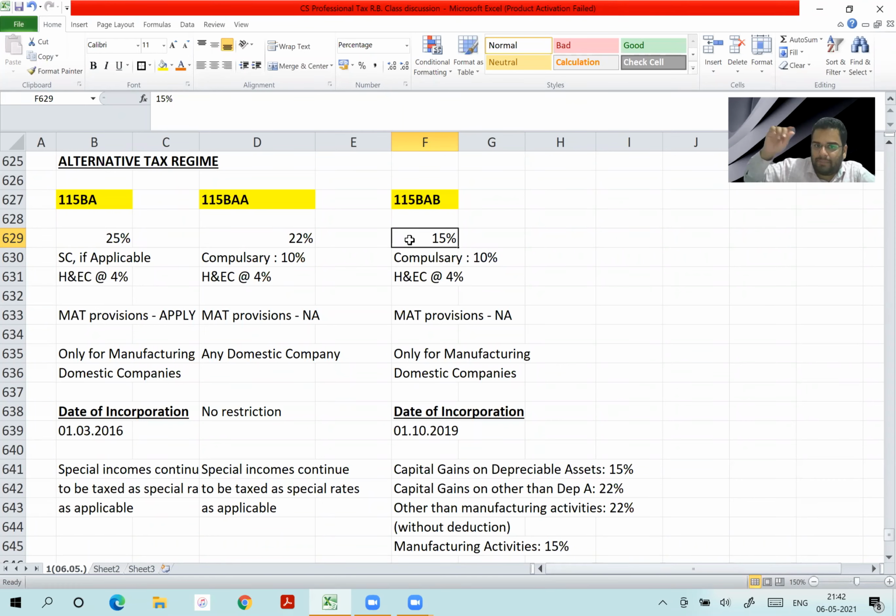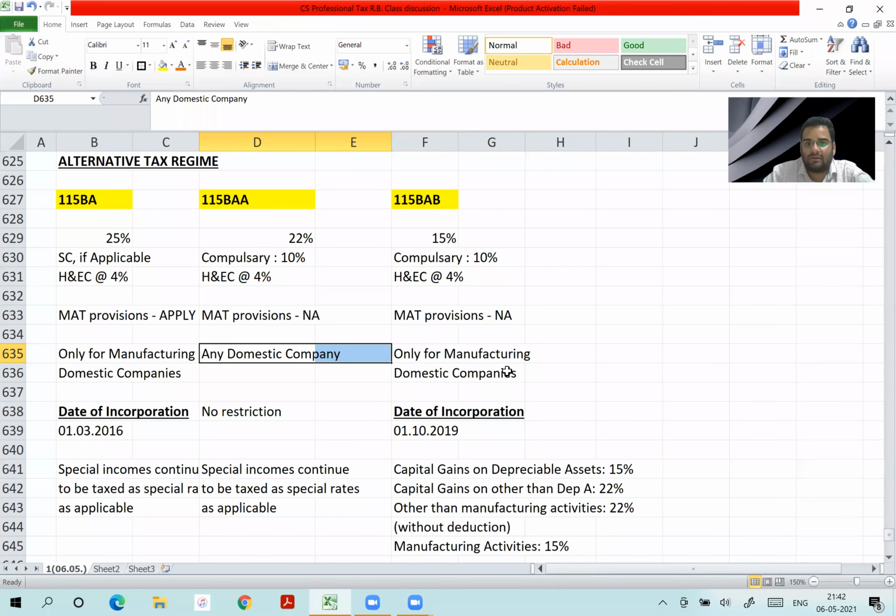BA 25, BAA 22, BAB 15. Surcharge, if applicable, is compulsory here and here. Health and education cess is always compulsory. MAT provisions apply in BA, do not apply in BAA and BAB. This is only for domestic companies which are manufacturing. This is for any domestic company.